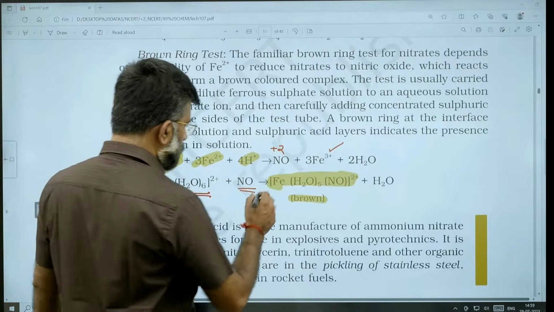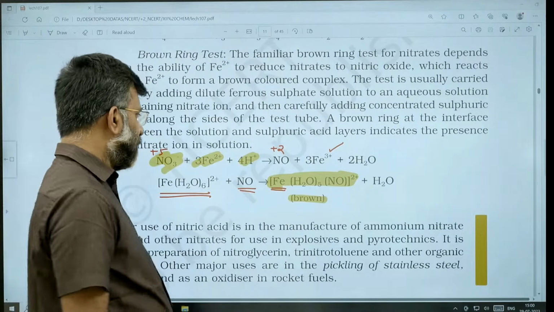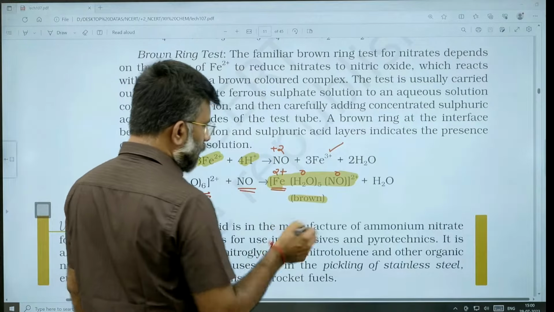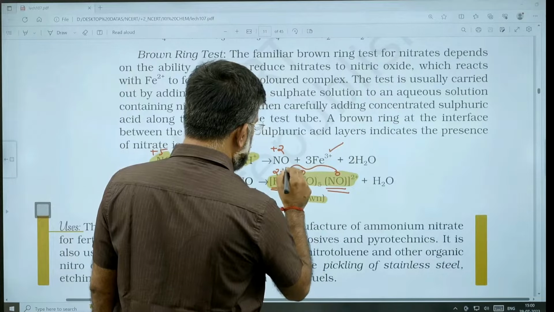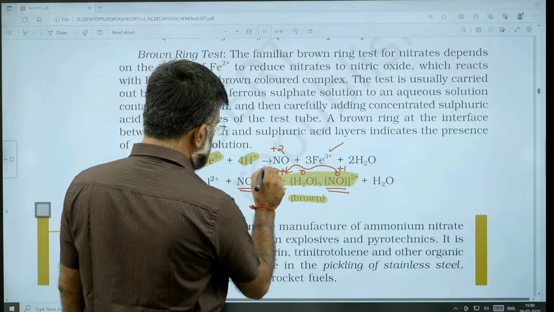What is the oxidation state of iron in the brown ring complex? Old question. You see, water is neutral, NO is neutral, so iron would be 2 plus. But the point is, even though NO is neutral, in the complex it is donating an electron to iron. So this is not 2 plus, this is rather +1.